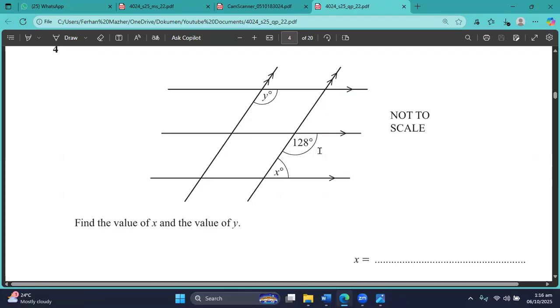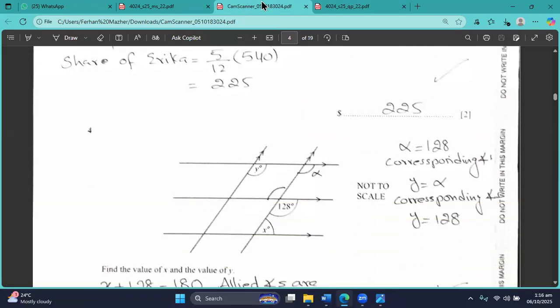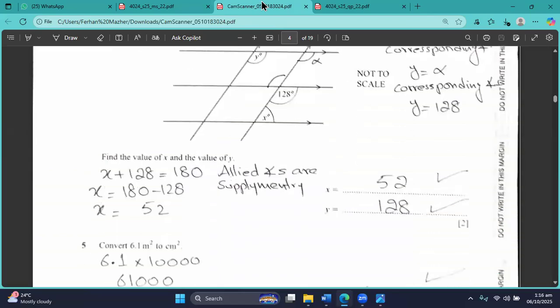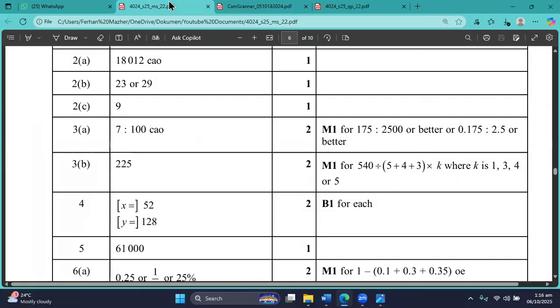We call them allied angles of parallel lines. So X plus 128 will be equal to 180, because allied angles are supplementary. So X will be equal to 180 minus 128, which is 52. So the value of X is 52, which is right.